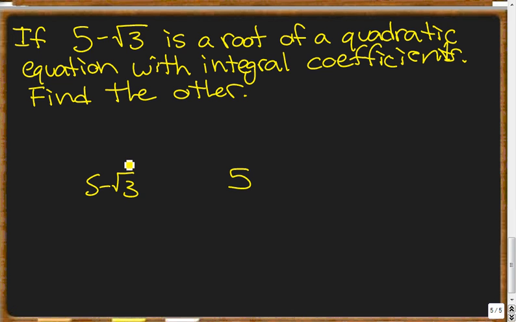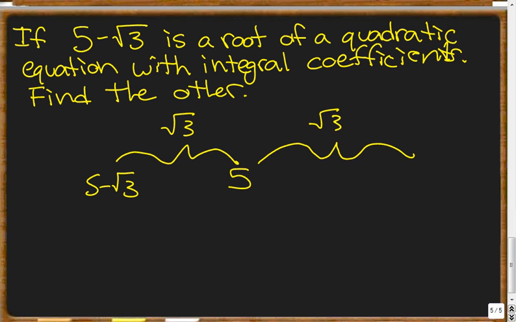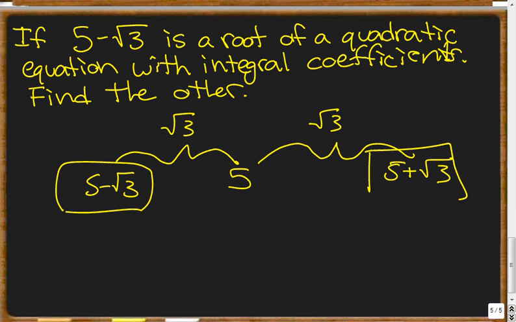So the difference between these two terms is the square root of 3. If we go the same distance to the other side, we would have 5 plus the square root of 3. So this is the other solution to this problem, because we know that it's going to be symmetric.